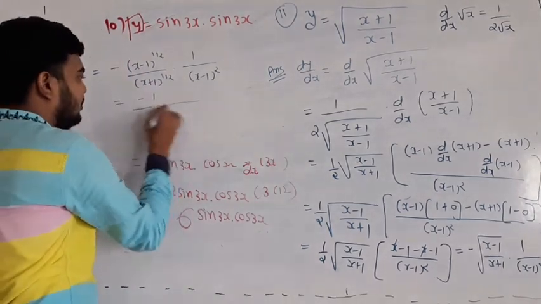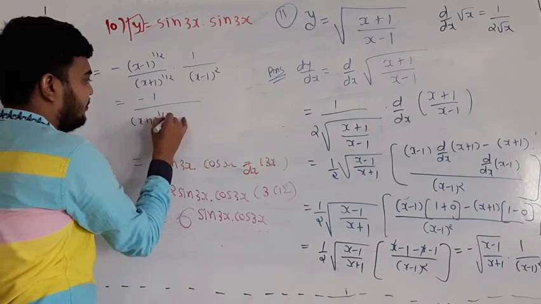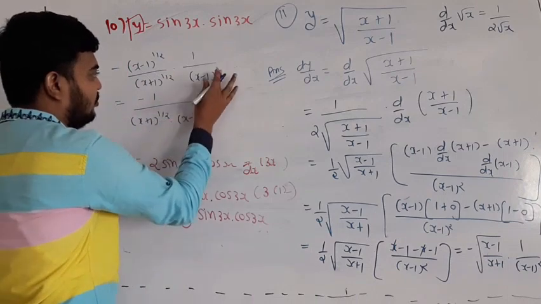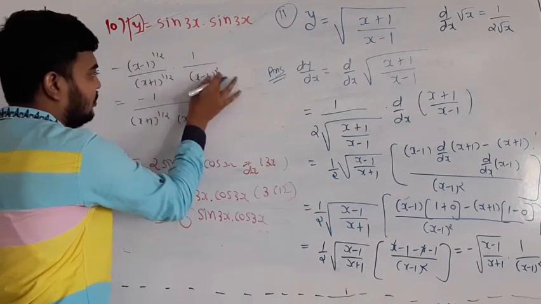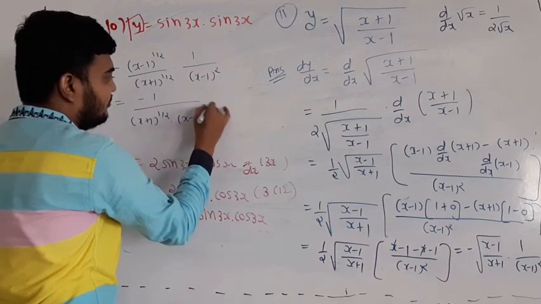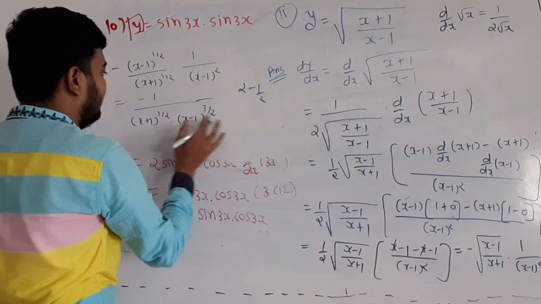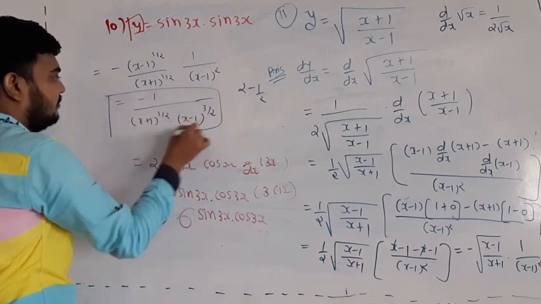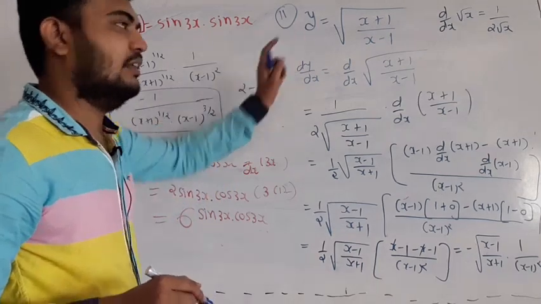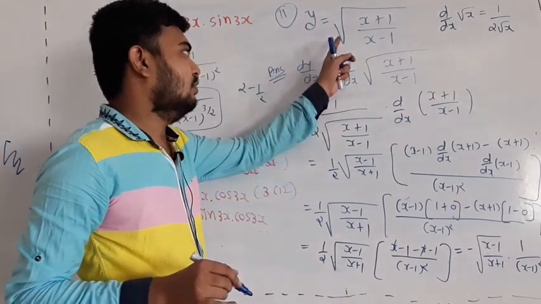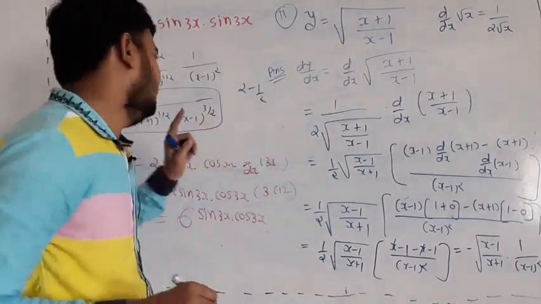So minus 1 upon x plus 1 raised to 1 by 2 into x minus 1 raised to 2 minus 1 by 2. 2 minus 1 by 2 becomes 2 times 2 is 4, 4 minus 1 is 3 by 2. So it is the answer to this question. The derivative of root of x plus 1 upon x minus 1 is this one.